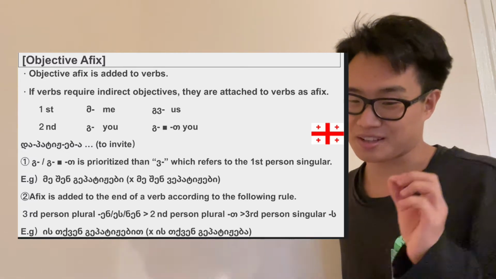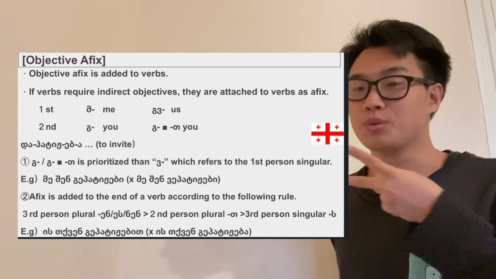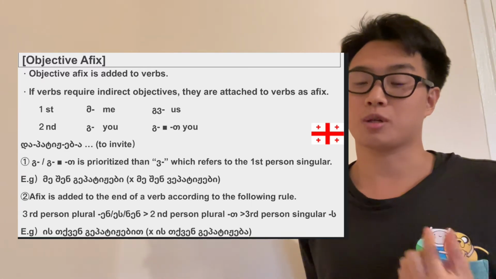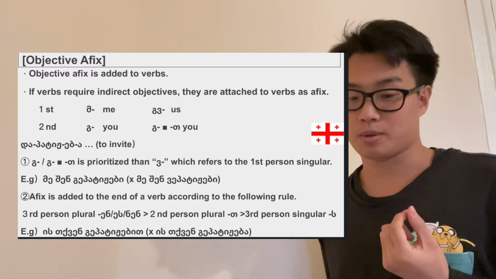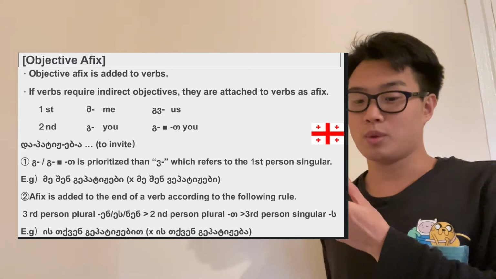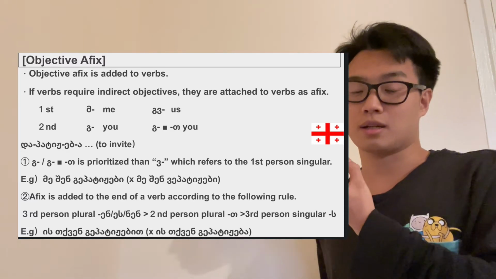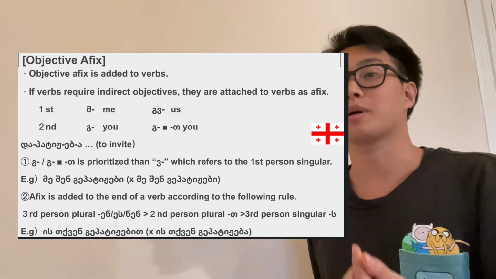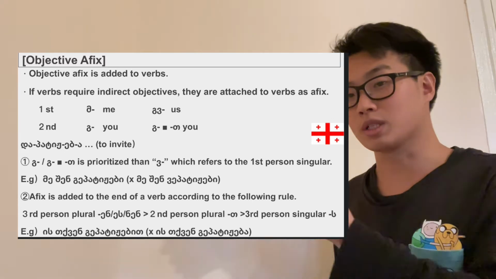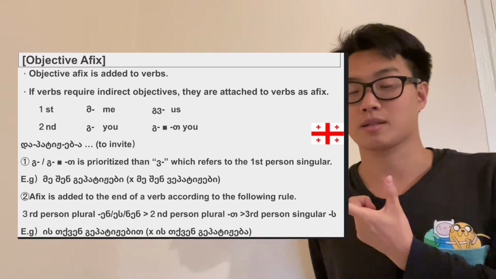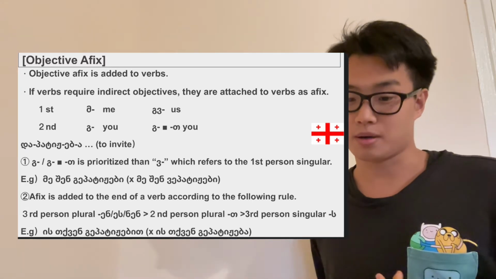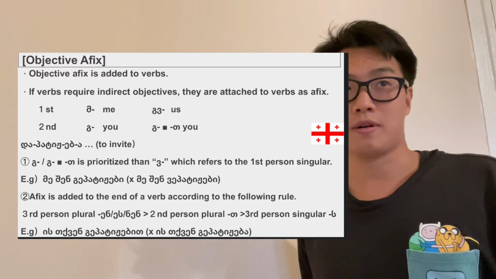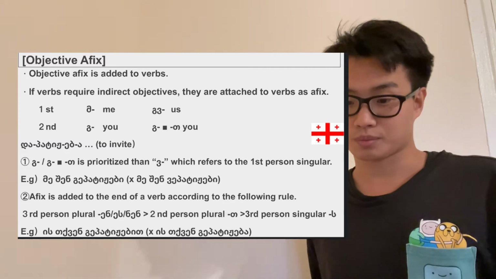It's not easy, I know that, and there are two rules that we have to remember when adding these objective affixes to a verb. First of all, when we use g or gt, the second person singular form and second person plural form, these affixes are prioritized over v, which is the indicator of the first person singular form.